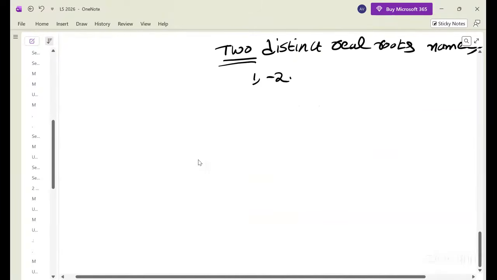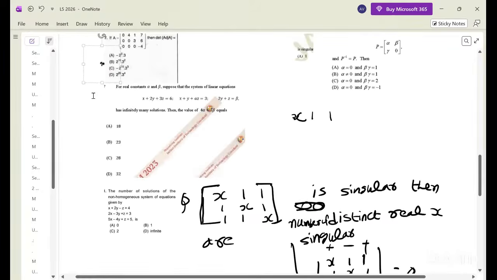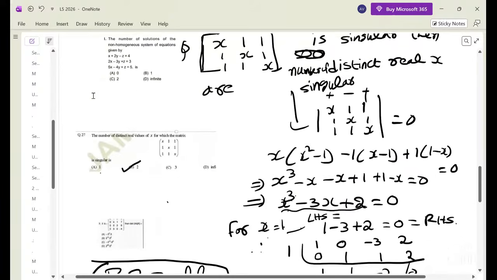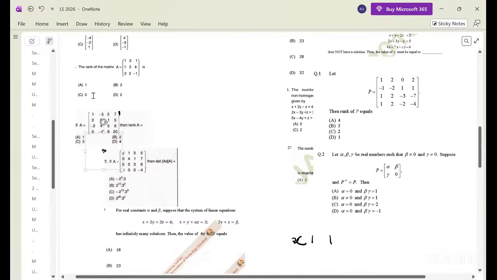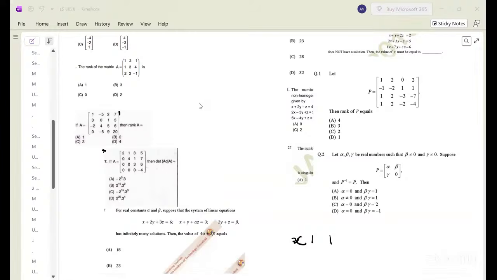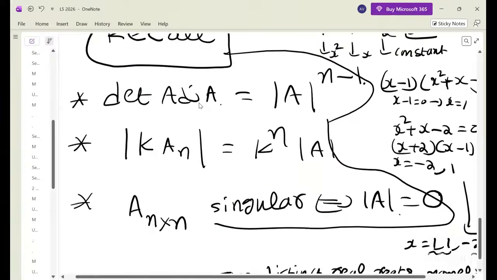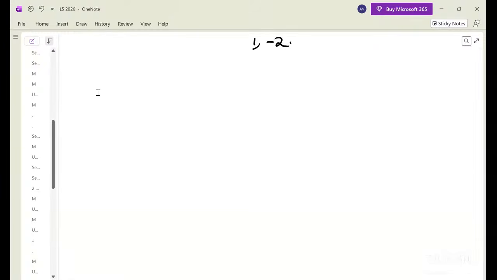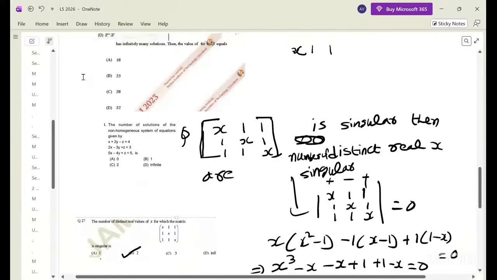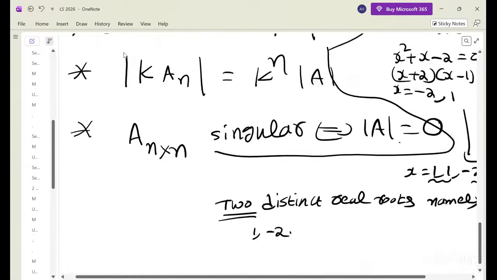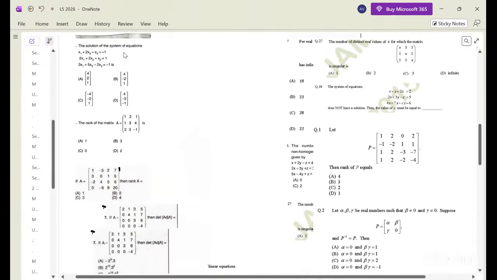So let us see the question. Okay, I'll copy this. Snip. I'll use this. So let us go for this. Anyway, let us take this total.